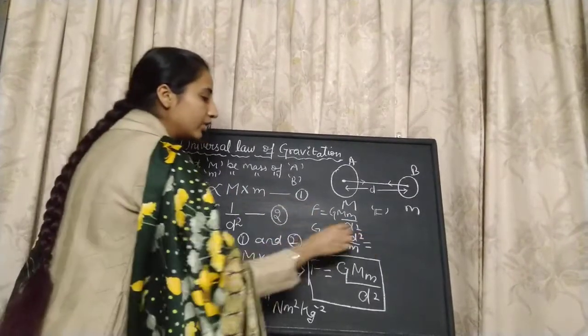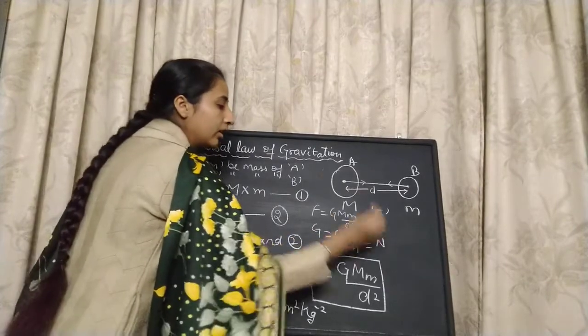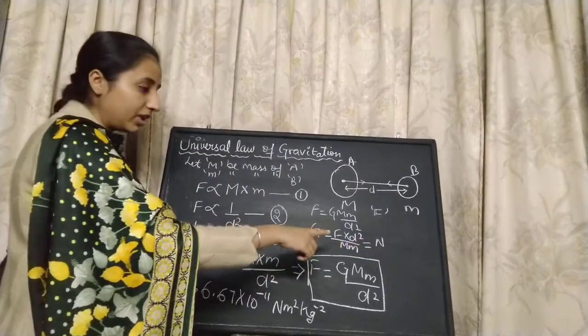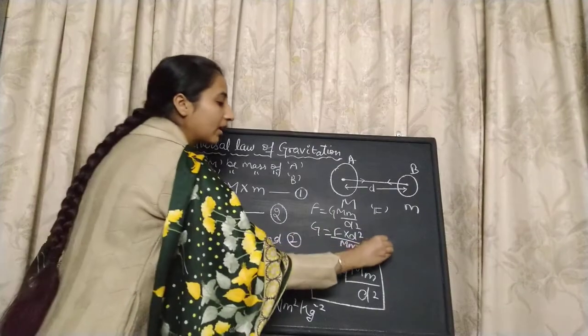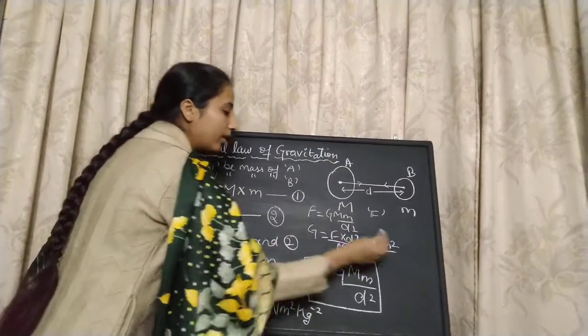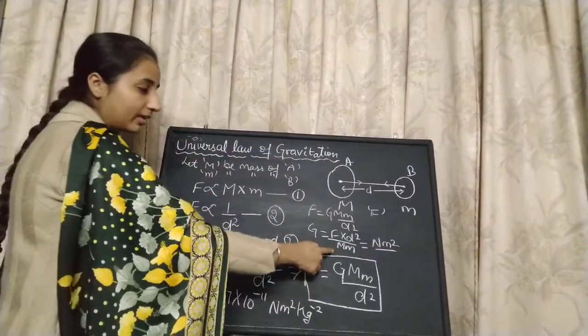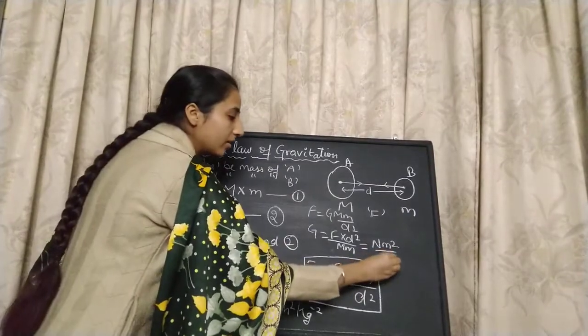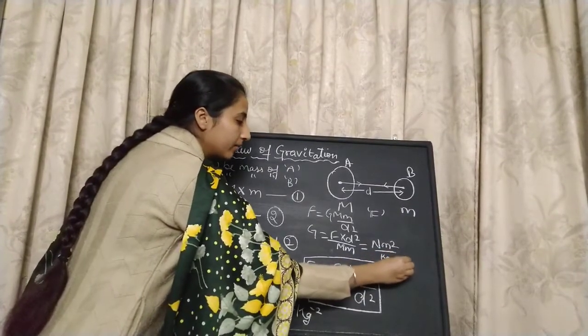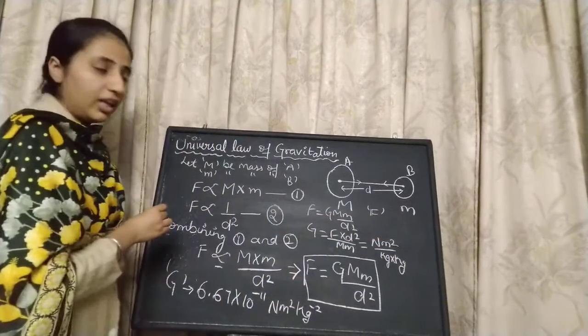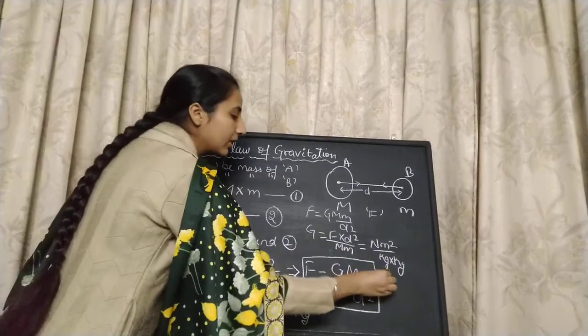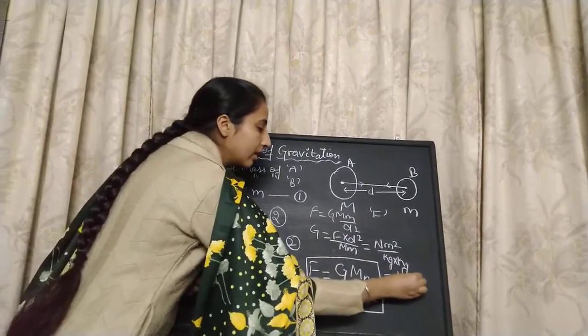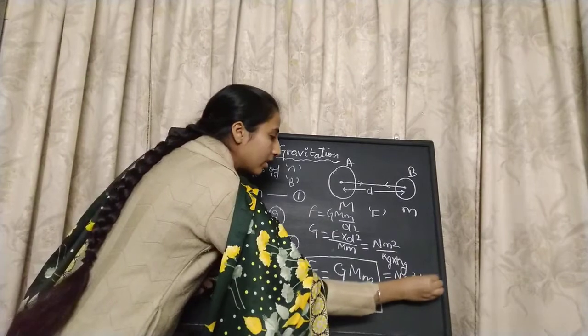Now the unit of force is Newton, the unit of distance is meter, but it is d square, so it becomes Newton meter square upon. The units of masses are kg, so kg multiplied by kg becomes kg square. So the units become Newton meter square per kg square.